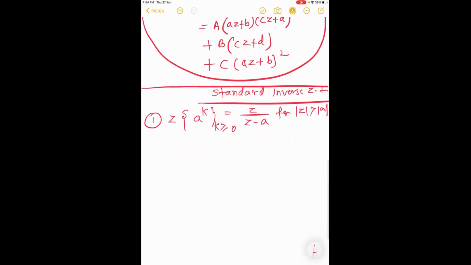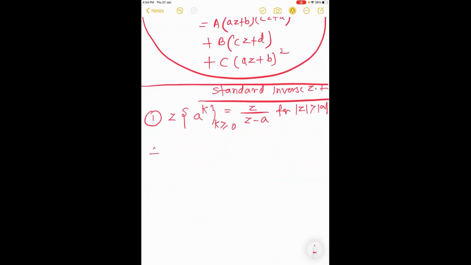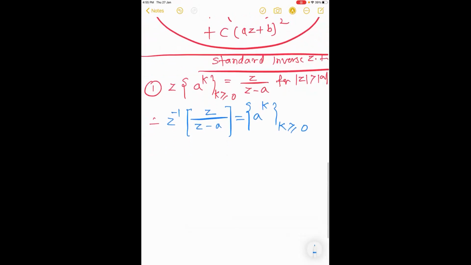This is the region of convergence. This is a standard sequence. Therefore, I'll take its inverse. Inverse transform of z upon z minus a, which is equivalent to what? What will you write? a raised to k, and this is the sequence for k greater than or equal to 0. Likewise, you can get the expansion. One more I'll show you.